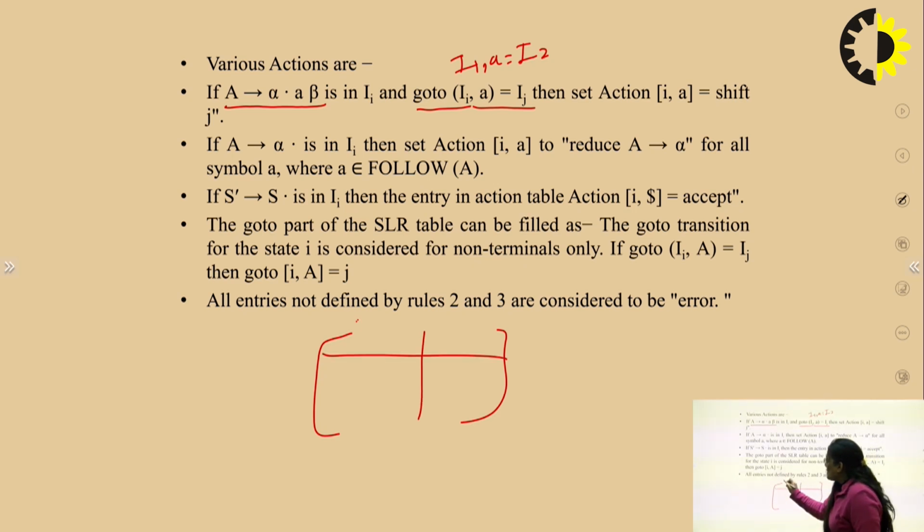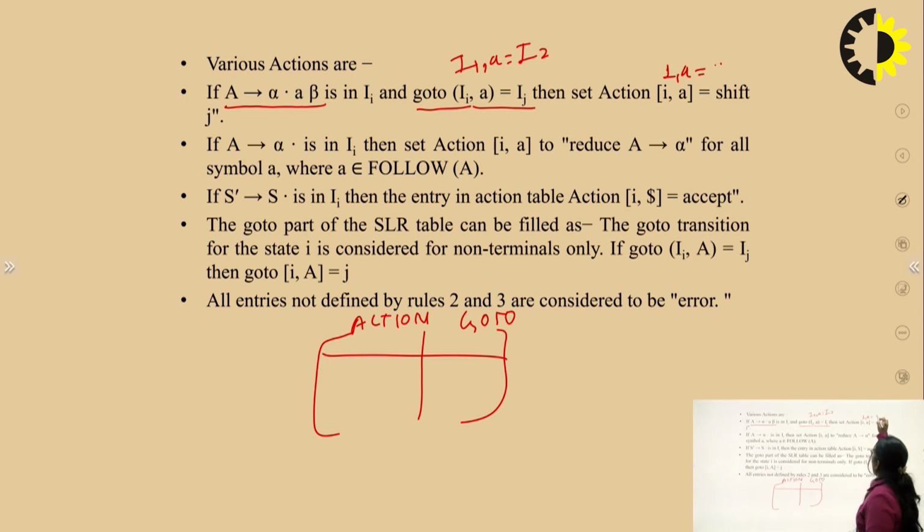This is the parsing table, with action and goto fields. In action, I1 comma A equals SJ, J meaning 2.